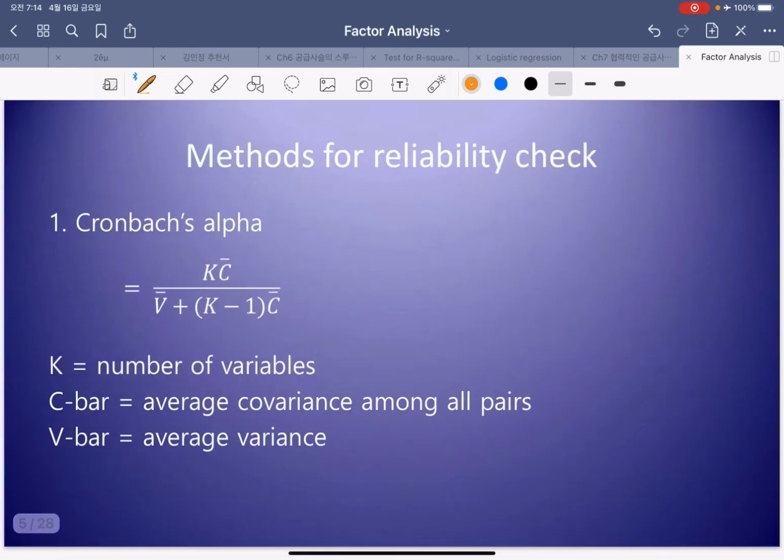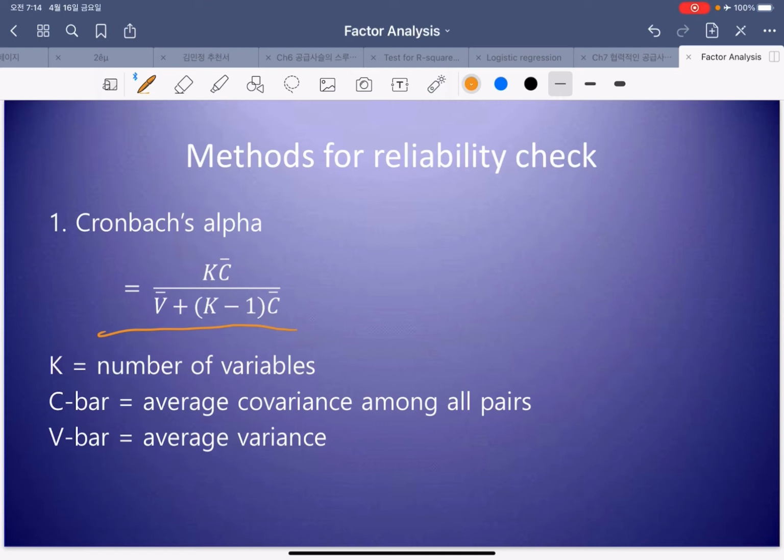Now let's look at how to get the Cronbach's alpha, right? Cronbach's alpha is computed by using this formula, but it's very hard to understand, right? So let me explain.